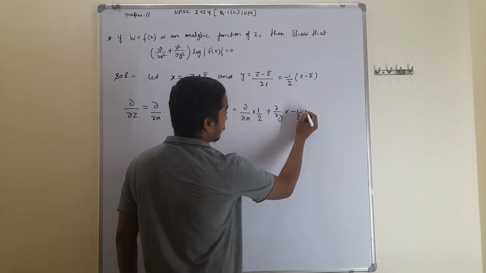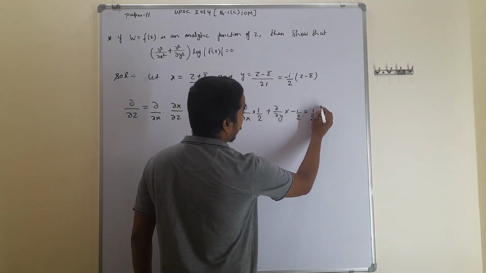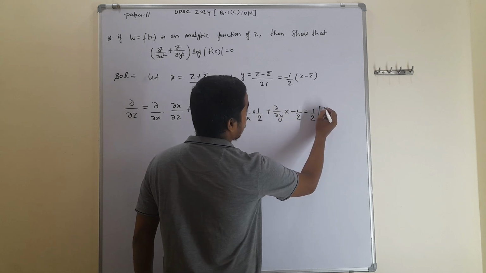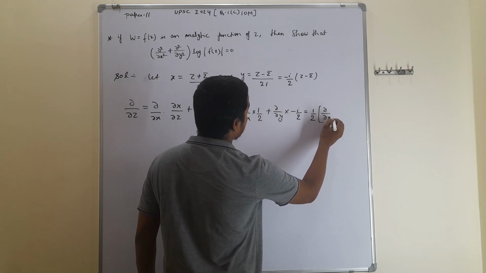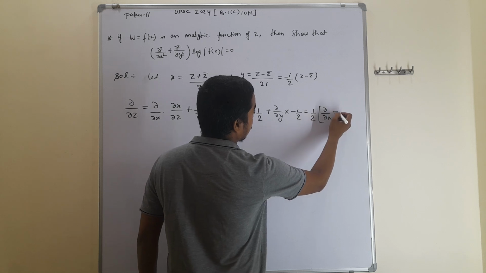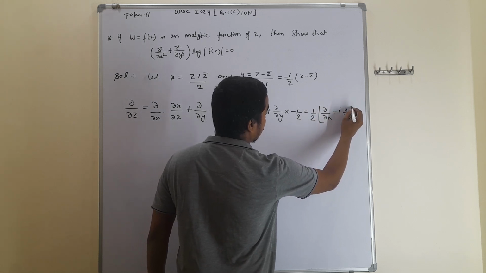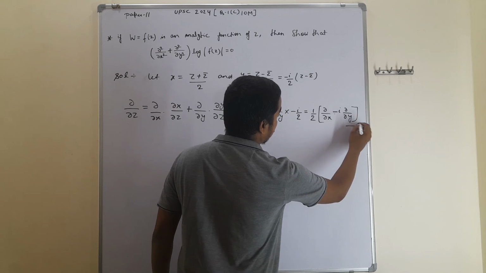On simplification, 1/2 is common, so it is ½(∂/∂x − i ∂/∂y). This is equation 1.